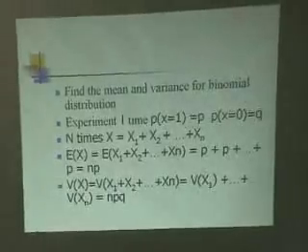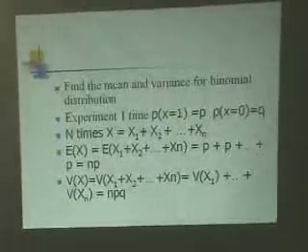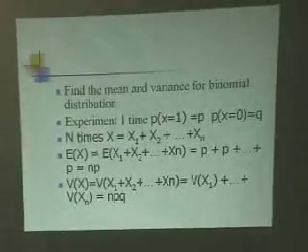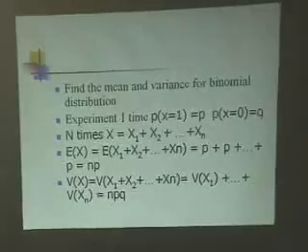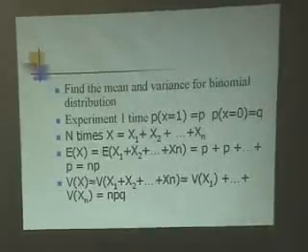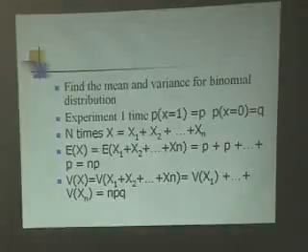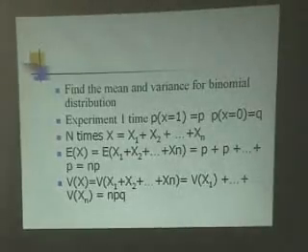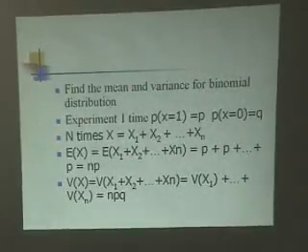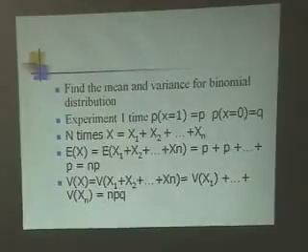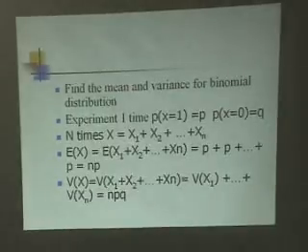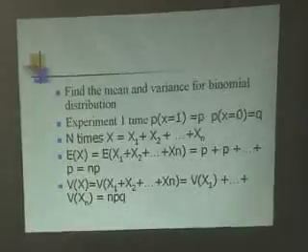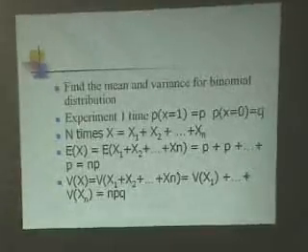The variance of w should be equal to a squared Vx plus b squared Vy plus 2ab times covariance xy, okay? But remember, when we talk about binomial, each experiment is independent, right? So if each experiment is independent, what about covariance xy? Covariance xy would be equal to 0 because they are independent, right?